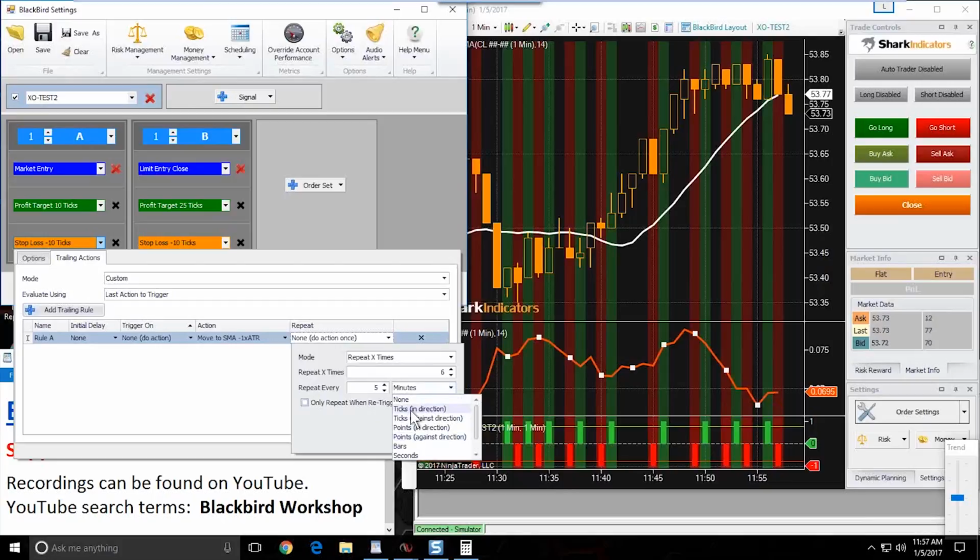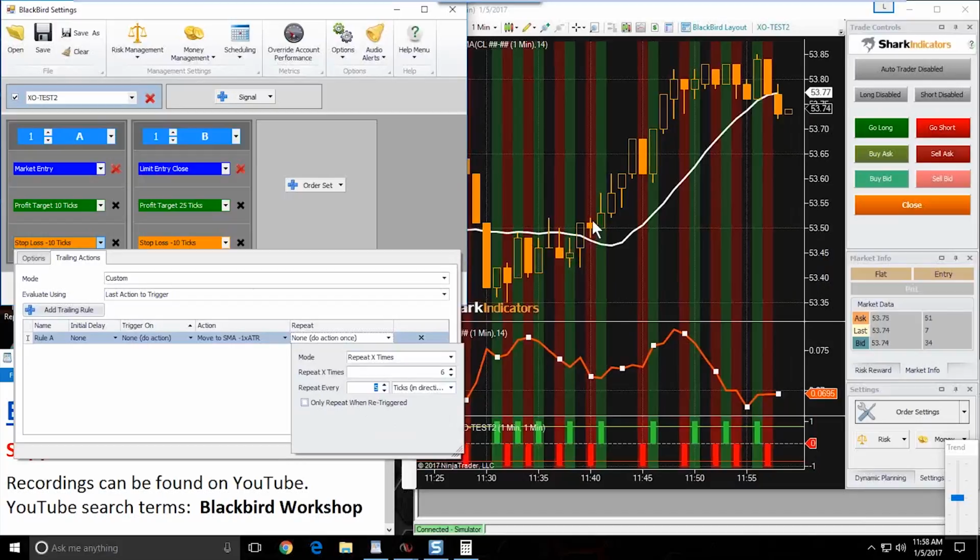Let's go back to ticks here. If we do ticks, most commonly people are going to use ticks in direction. So you could say this rule is allowed to repeat every 5 ticks in direction. So every time price moves 5 ticks from the last time the rule repeated.